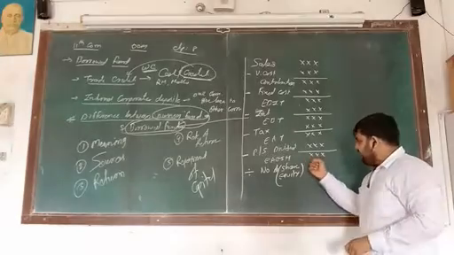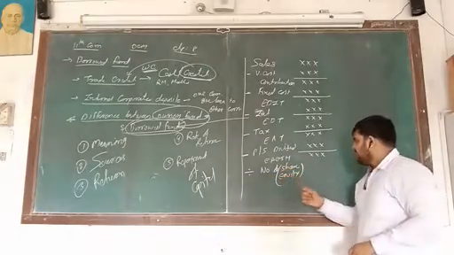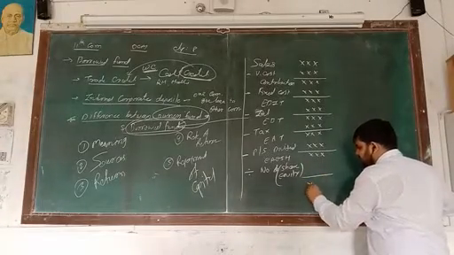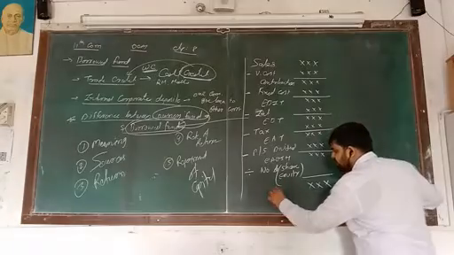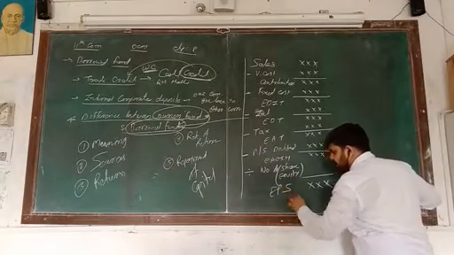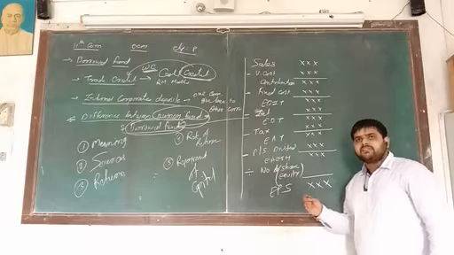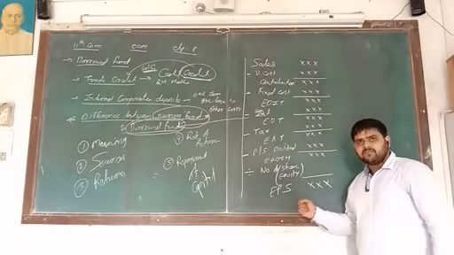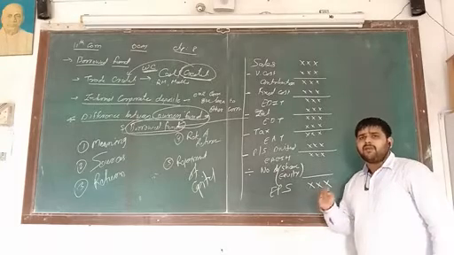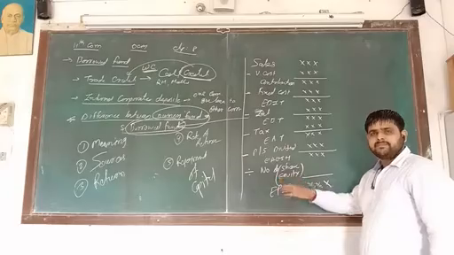So whatever earning is there, we divide by the number of equity shares, and whatever answer we get is called EPS. What is the full form of EPS? Earning per share. So mostly corporates divide their earning in this way.